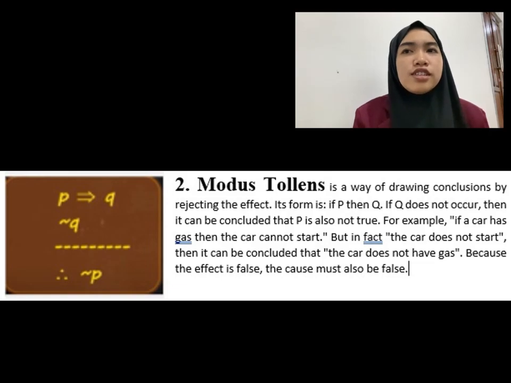Modus tollens is a way of drawing a conclusion by denying the consequent. Its form is if P then Q, and if Q does not occur, then it can be concluded that P is also not true.